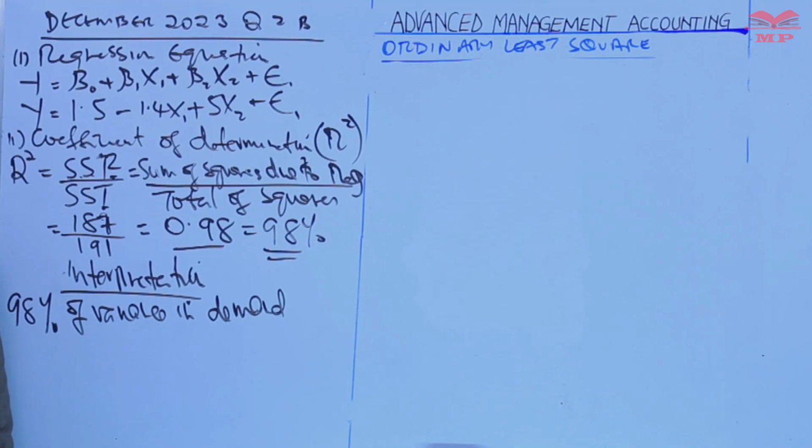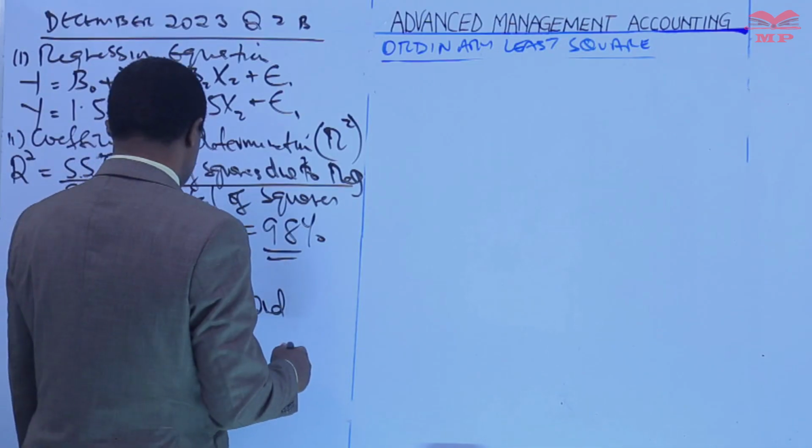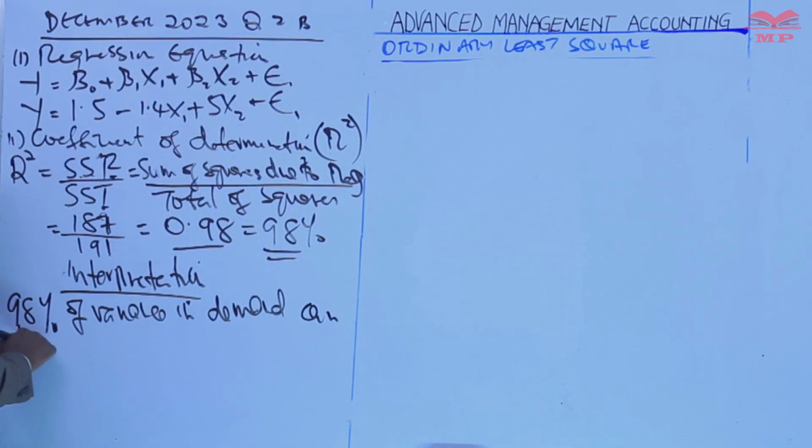So 98% of the variance in demand can be explained by the independent variables.